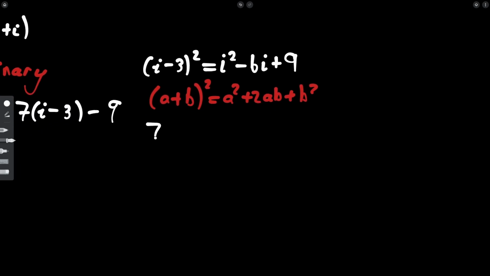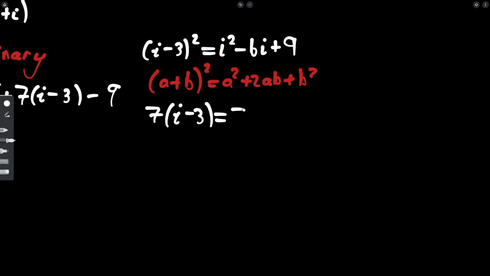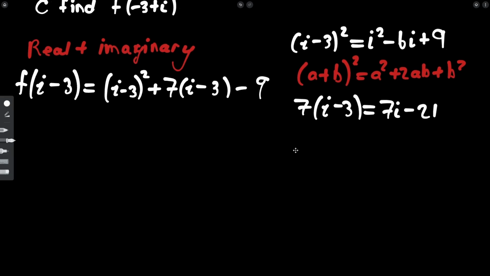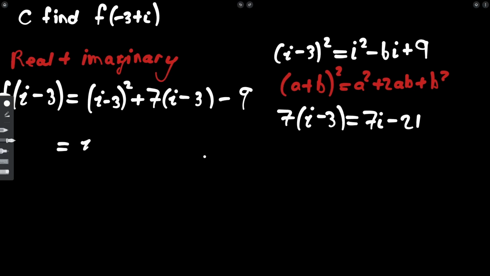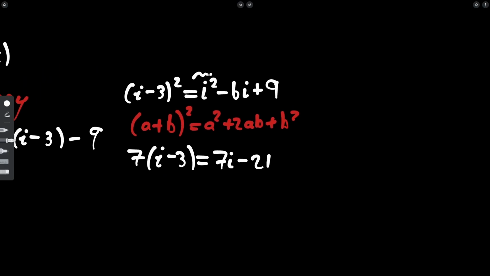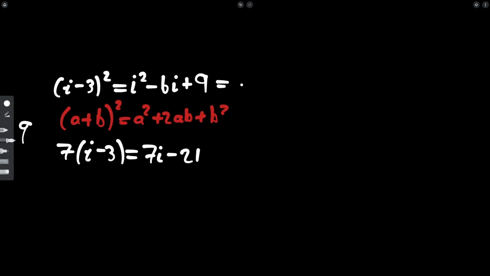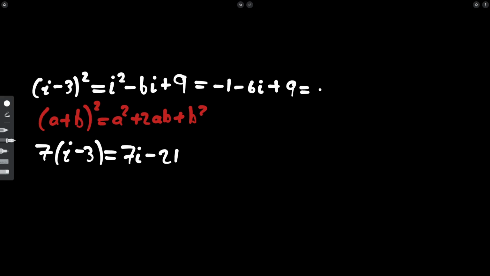The next part is 7i minus 3 times quantity i minus 3. That gives us 7i minus 21. And finally, we have the negative 9. So if you plug all that in, we get i squared. Oh, I can simplify this i squared now, can't I? This becomes negative 1 minus 6i plus 9, which becomes 8 minus 6i.